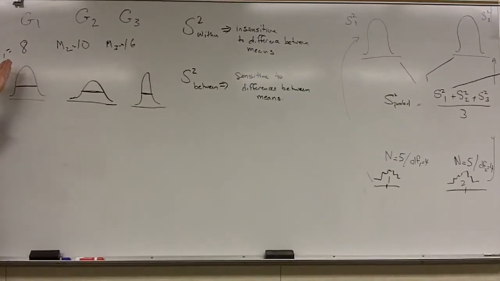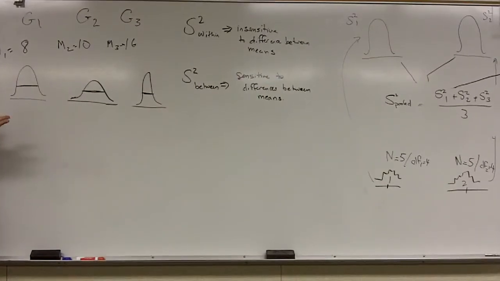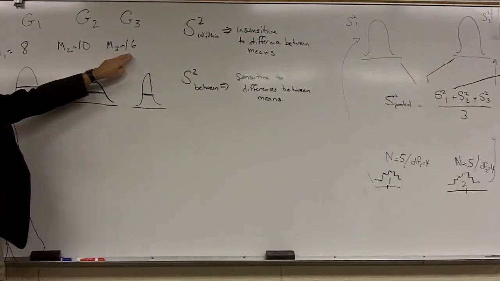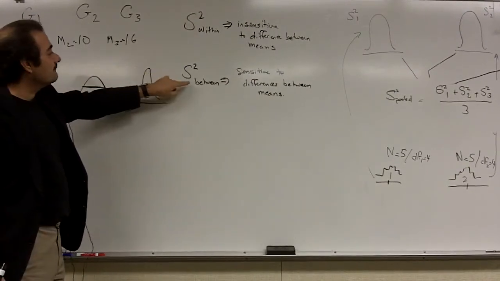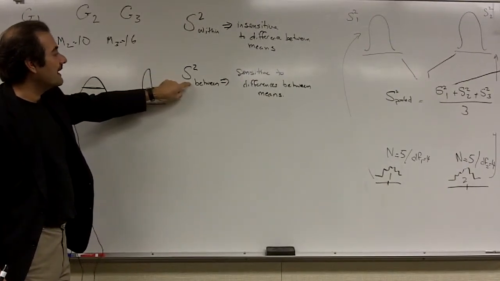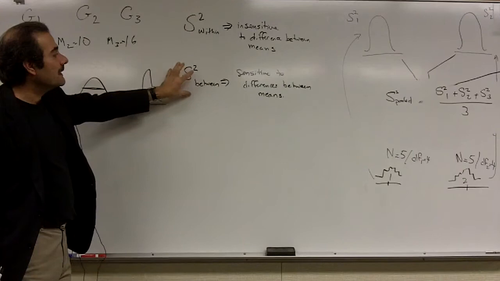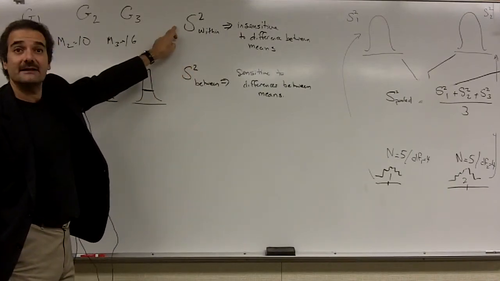Now, these means are different, right? We don't know how different they are, but we can tell they're different numbers. Given that they're different, what we'd expect is that this way of measuring the S squared between will actually be different from this way of measuring it.